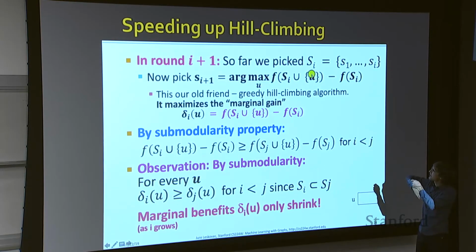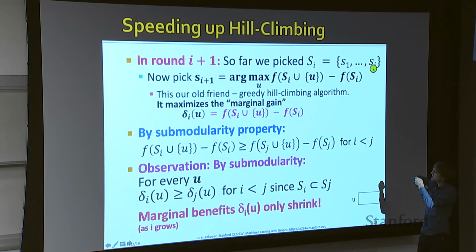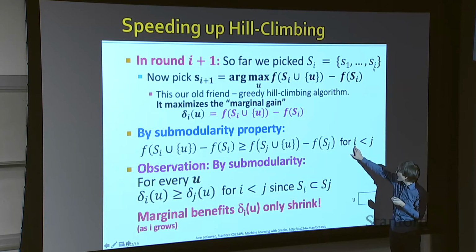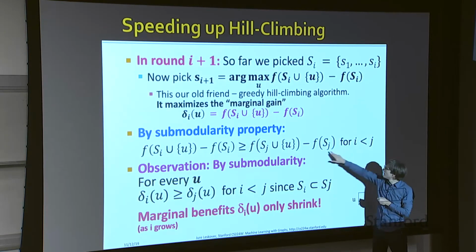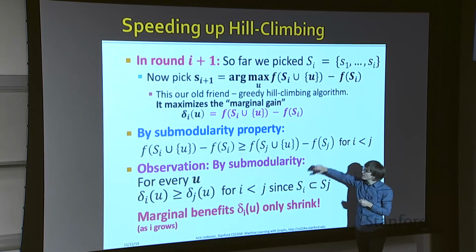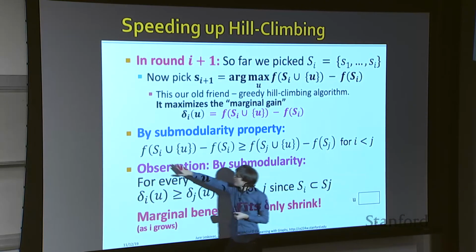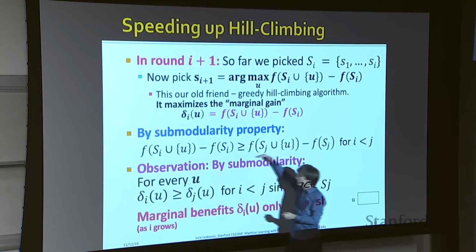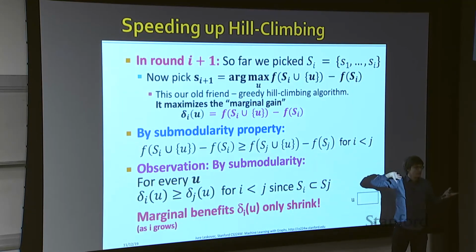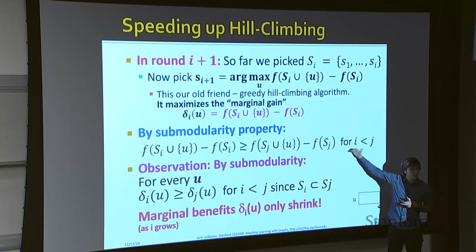These capital S's are these increasing sets that include all the sensors plus the new one. So capital S sub i is a subset of capital S sub j, and because F is submodular, this is just the submodularity definition. That's why this is true.